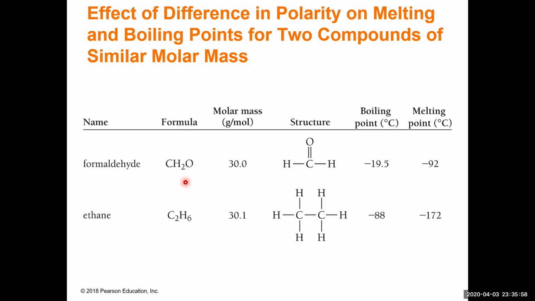And for that reason, we see that formaldehyde has a higher boiling point of negative 19.5 degrees Celsius, whereas ethane had negative 88 degrees Celsius. And formaldehyde also has a higher melting point of negative 92 degrees Celsius, whereas ethane had a melting point of negative 172 degrees Celsius.